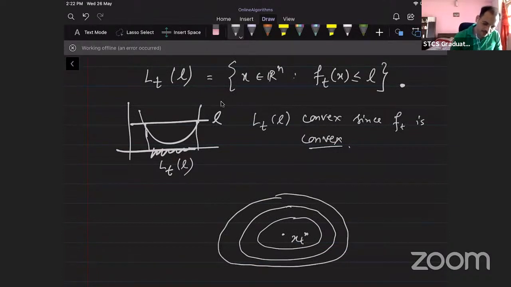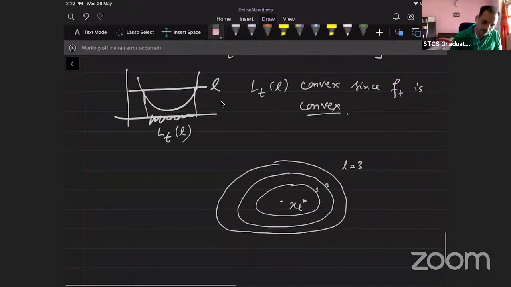Call this level 1, level 2, and this is l equal to, for example, 3. Makes sense, right? These are my contour maps for a particular function ft.